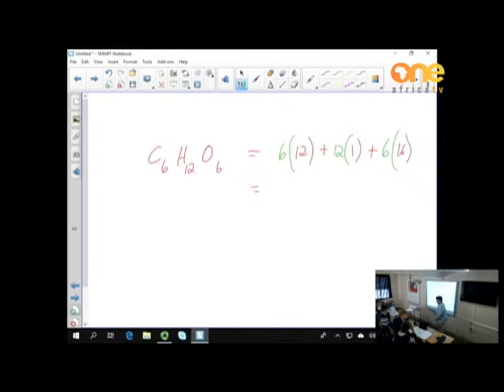Did any of you work it out? That one? 180 for the relative molecular mass.